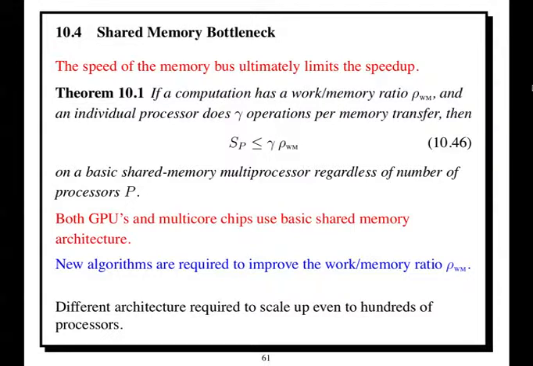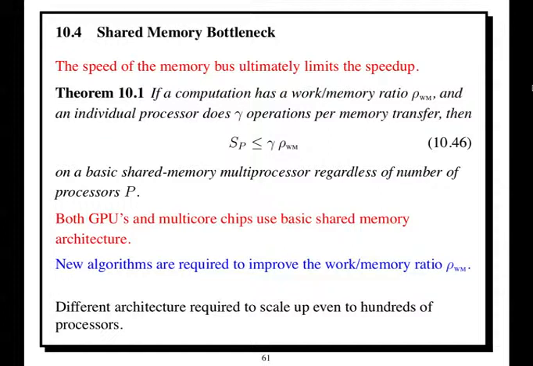So if you can come up with algorithms that are better, you can get greater speed up. But in any case, there's an ultimate limit given by this theorem. As I say, both GPUs and multi-core chips use this basic shared memory architecture, so there is a lot of information that can be brought to bear, a lot of experience with shared memory machines. Ultimately, it's going to come down to, can you come up with better algorithms for getting a better work-to-memory ratio? And that I'll talk a little bit more about that.